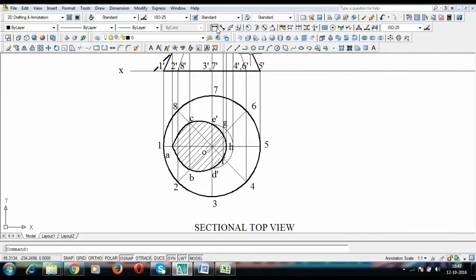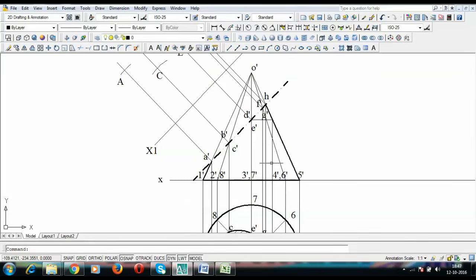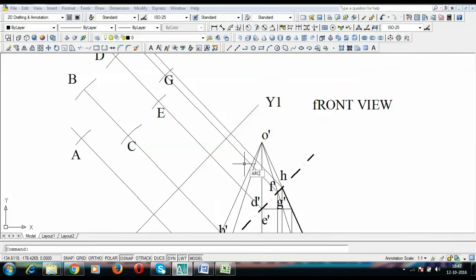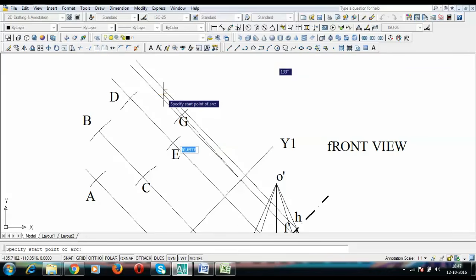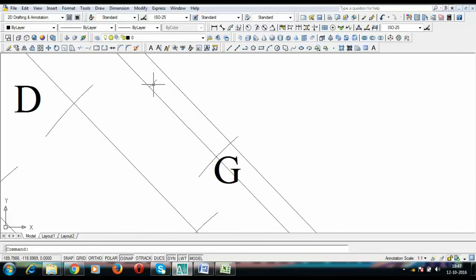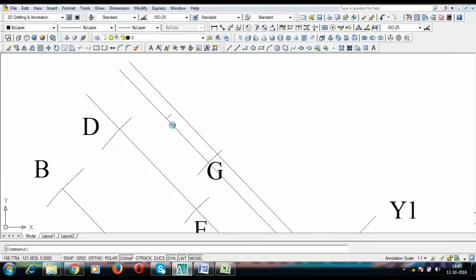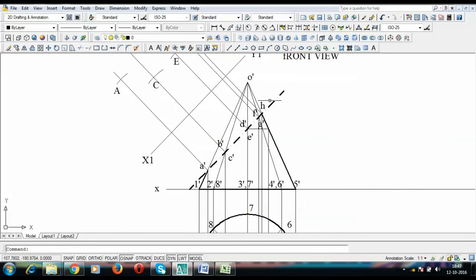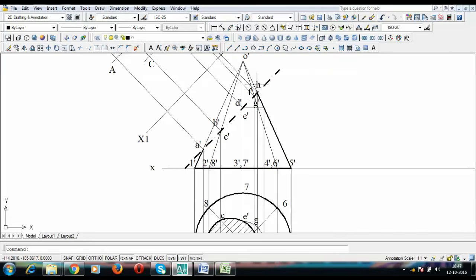Now let's fit in F. For F we need to take this arc right from this line XY, and this works out as 65. And this is what you call point F, and only one point is left, and the name of that point is H. This is the front view for H. I forgot to put a dash.